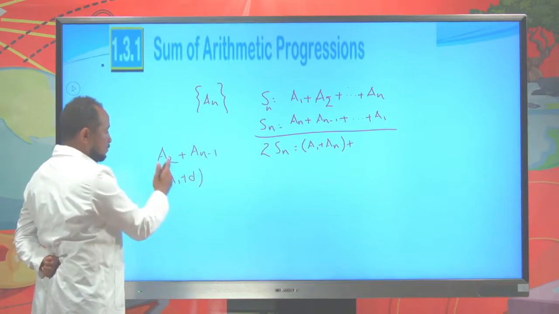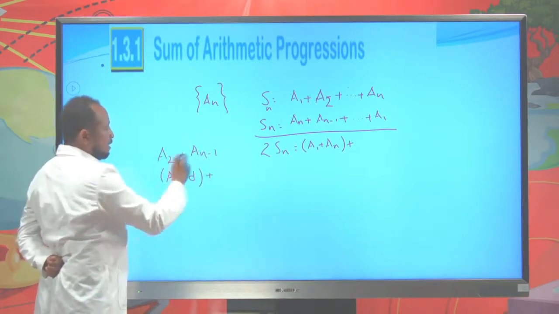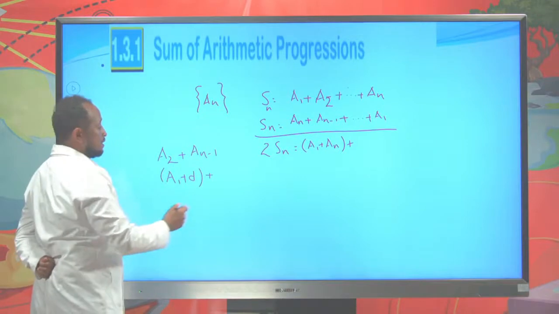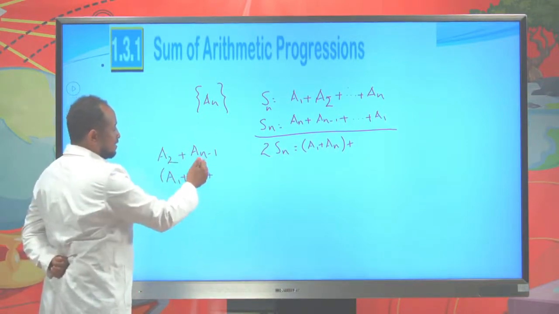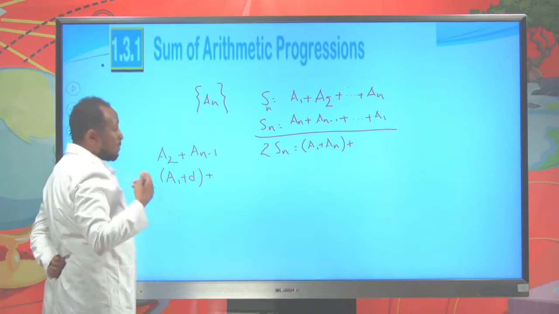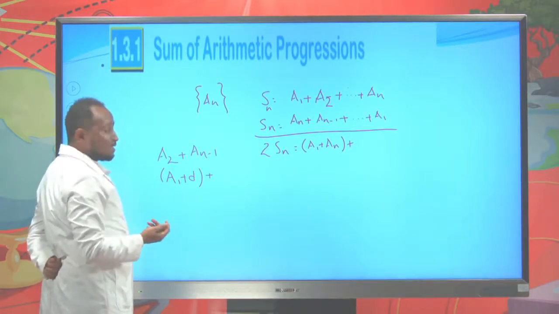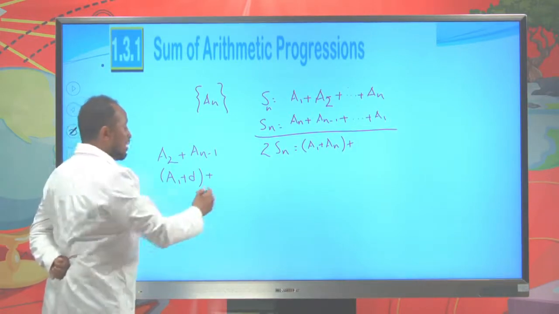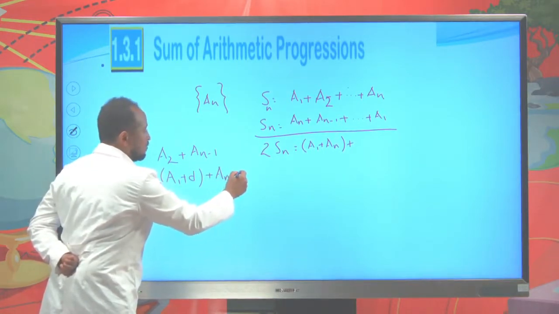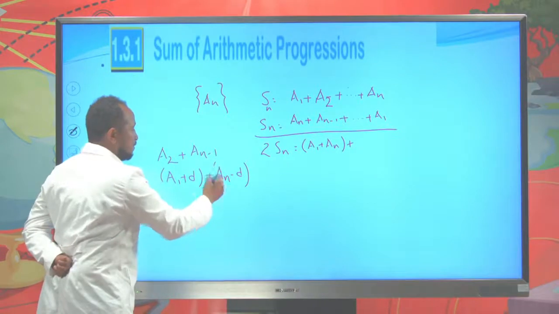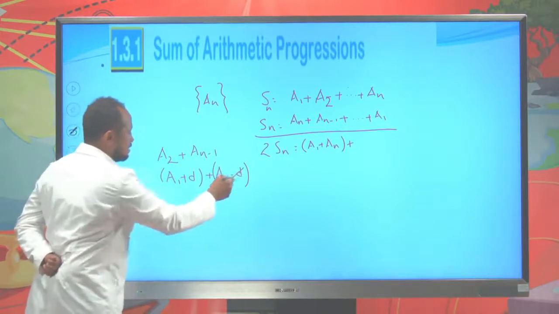And an minus 1: we can apply the formula an equals an minus 1 plus d. Therefore an minus 1 is an minus d. Therefore you can cancel these two.